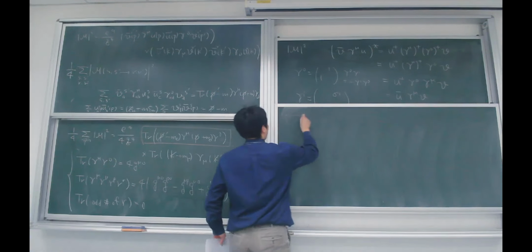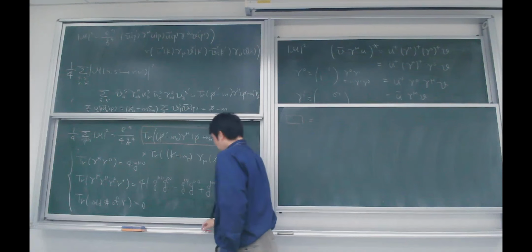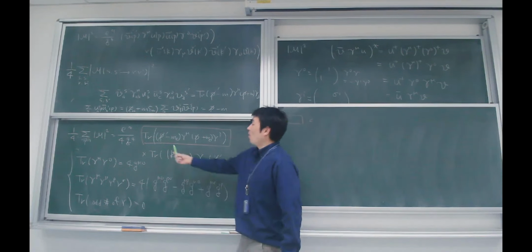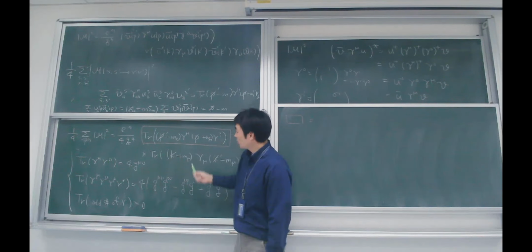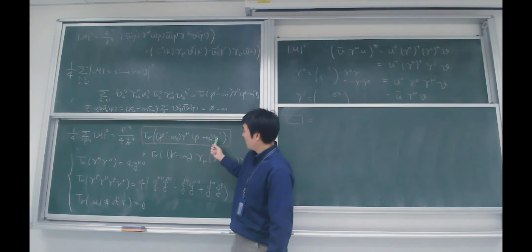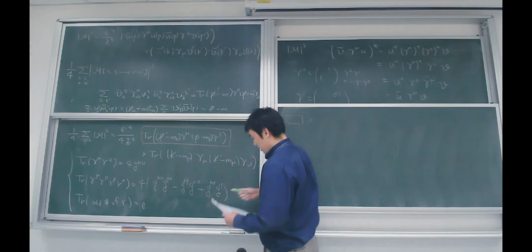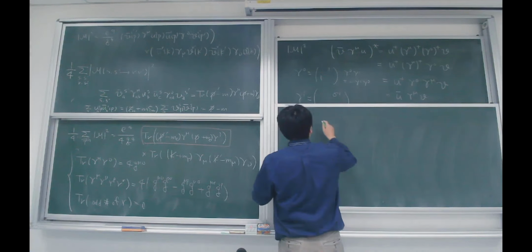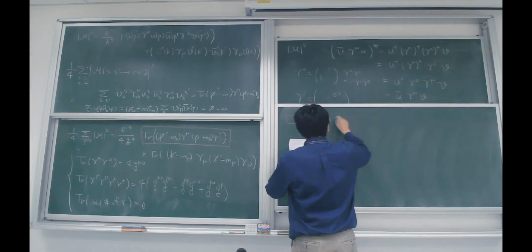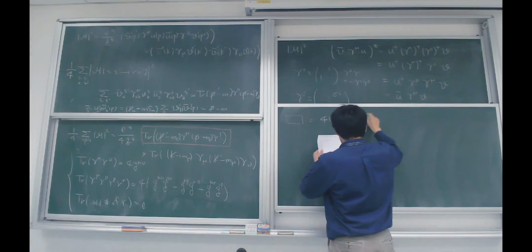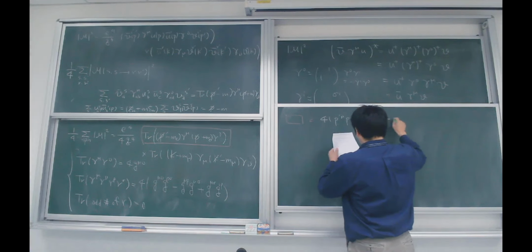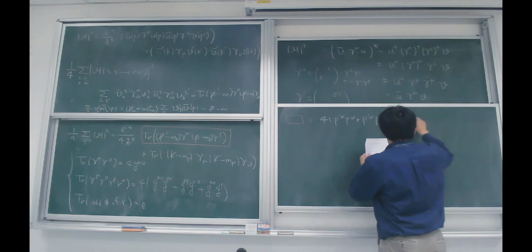If you look at the p prime, p part, just apply the rule, and what we have is 4 times p prime mu p nu plus p prime nu p mu minus g mu nu p prime dot p.